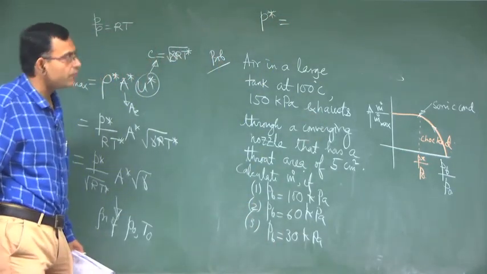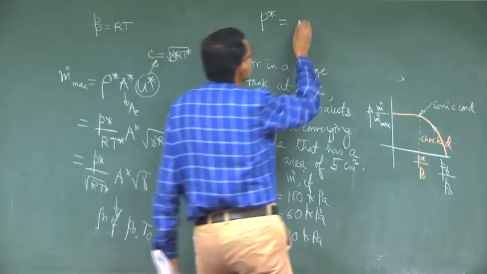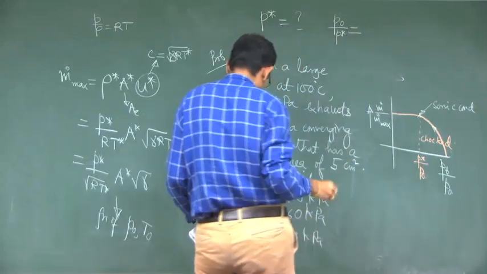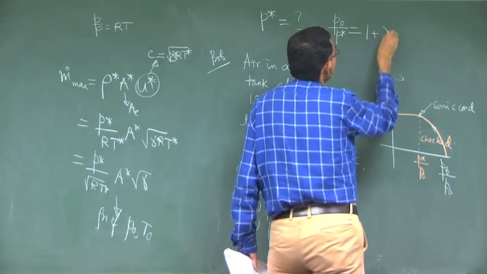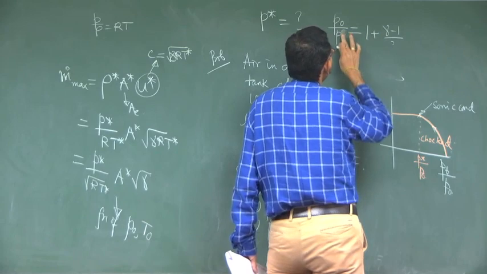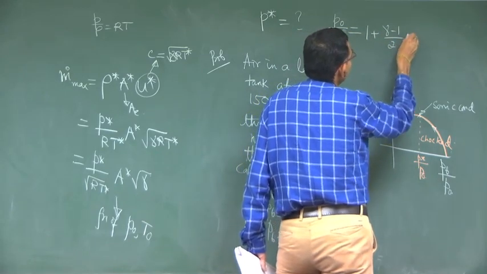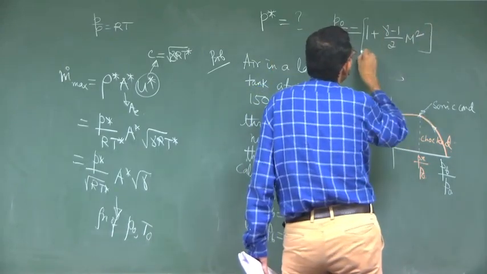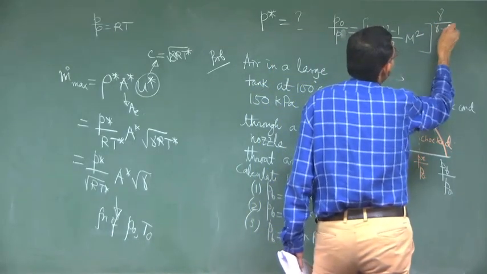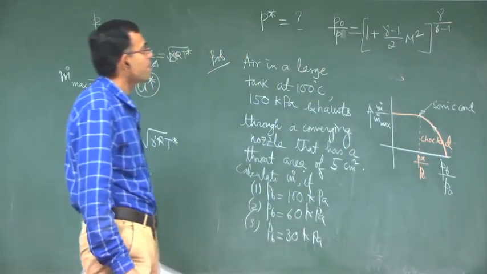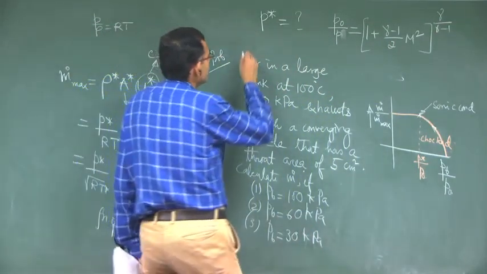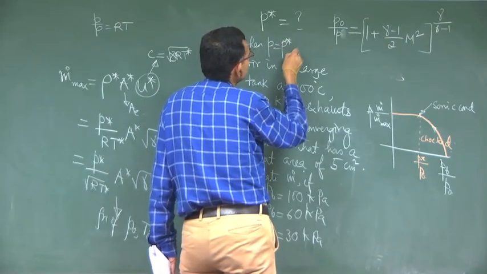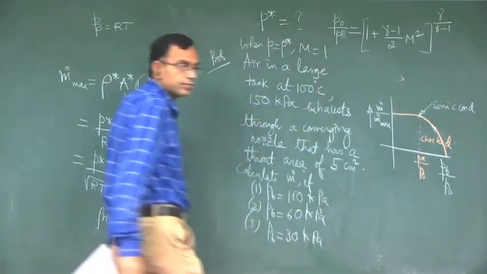So, you have a formula for P0 by P is equal to 1 plus gamma minus 1 by 2 M square to the power of gamma by gamma minus 1, right. So, when P equal to P star, M is equal to 1.